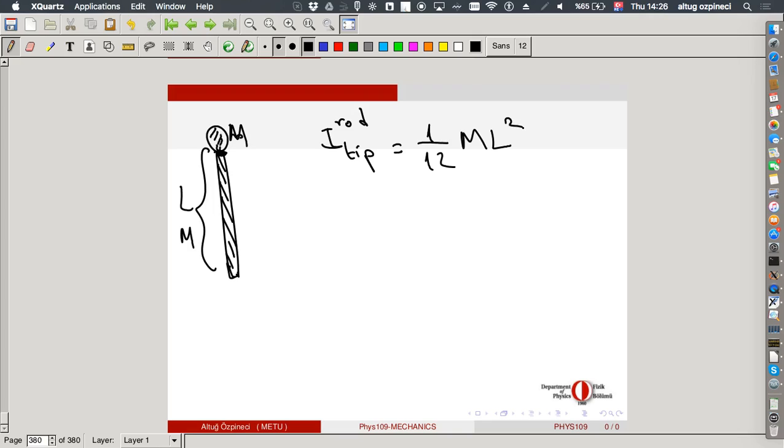Also in the exam, unless I'm asking you to calculate the moment of inertia, I will let you know at least one moment of inertia using which you can calculate. That was, no, that 1 over 3, you're right. This we know, it was 1 over 3. And now, this is for a single rod. Here we don't have a rod, we have a rod plus a mass attached at the tip, and we want to find the moment of inertia for rotations around the center of mass, which is at a distance L over 4 from the tip.